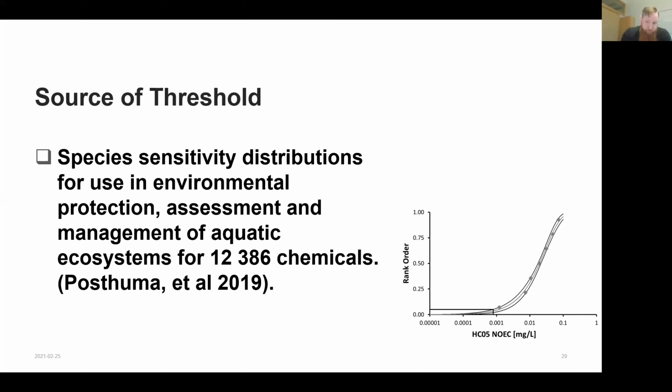It gives you a way to calculate where the thresholds are. If anyone has a special interest, I can say that we calculated the HC5 based on all of the chronic data for those which had suitable, not the lowest quality type of input data, for these 12,386 chemicals. For everyone else, we can just be happy that this is where we got the thresholds from.